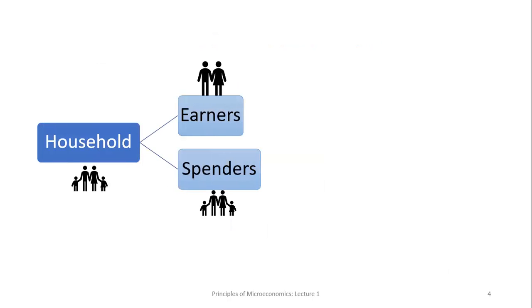Students, a household consists of a few members of a family living together, sharing everything. In each and every family, there are a few earners, whereas almost everyone in the family is a spender.